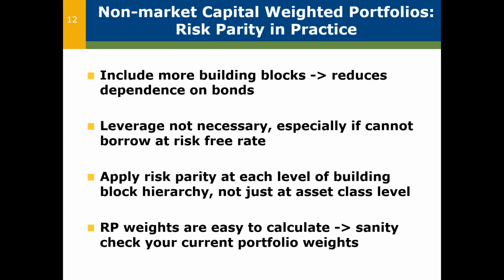But we're in an environment where there are such extreme distortions that it wouldn't be a good idea to advocate or implement risk parity just on the pure equity versus fixed income asset classes.